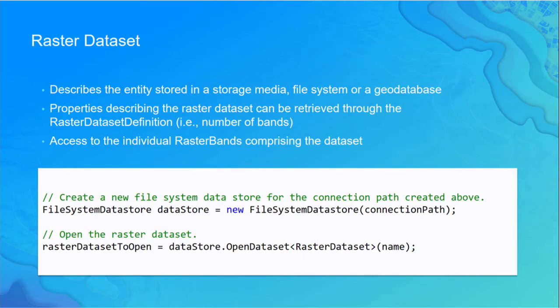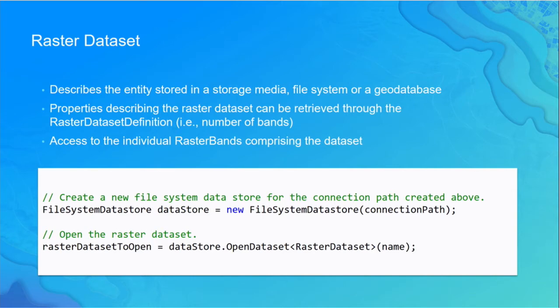So if you're looking at the pattern on accessing data, be it vector or raster, it's very similar. We're setting up a connection to our data store, and then on the data store, we're giving the open dataset a type, in this case a raster dataset, by the name, and then we have this raster dataset object that we can manipulate.